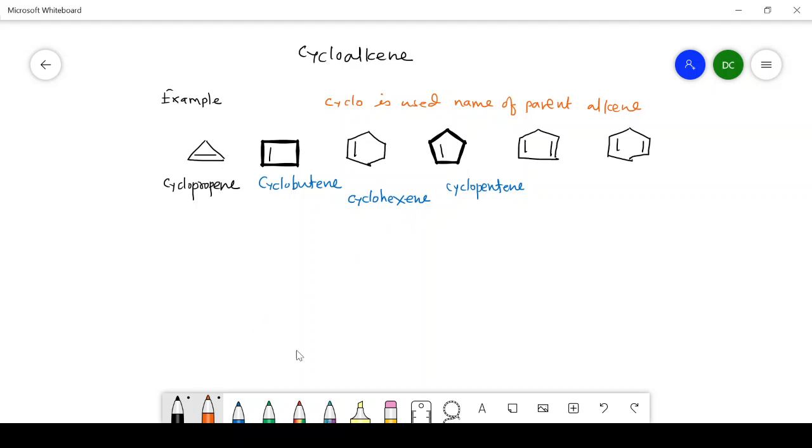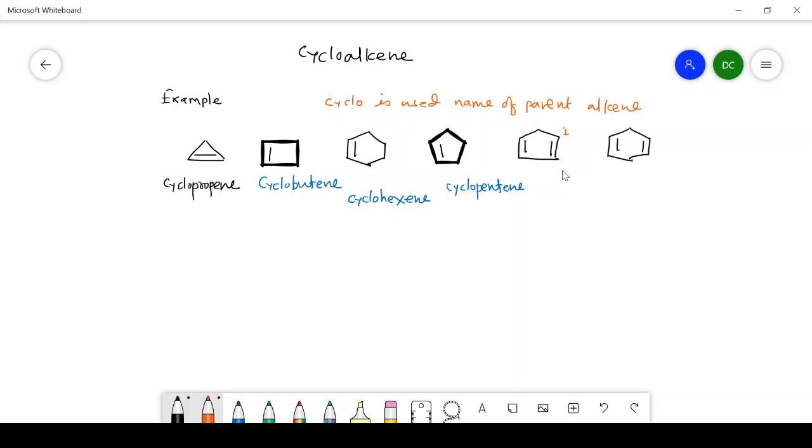Now, in the fifth example and sixth example, there are two double bonds. In this case, we have to give numbers to the carbon atoms and then write the name for these compounds. In the fifth example, I will give the numbering from this carbon.